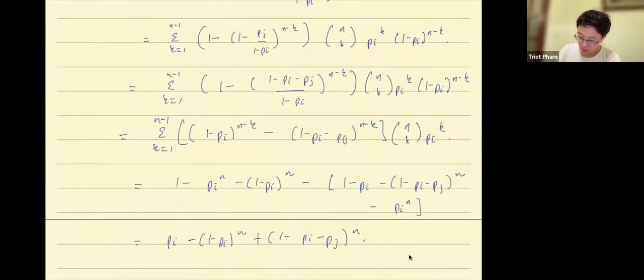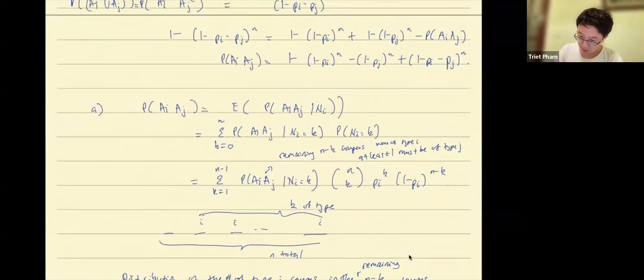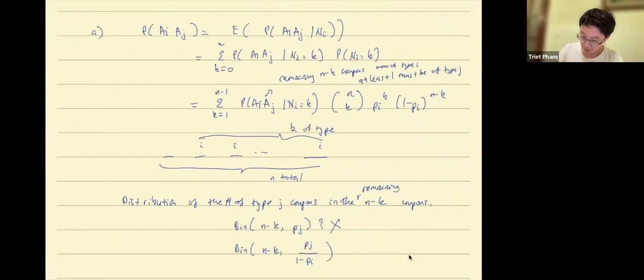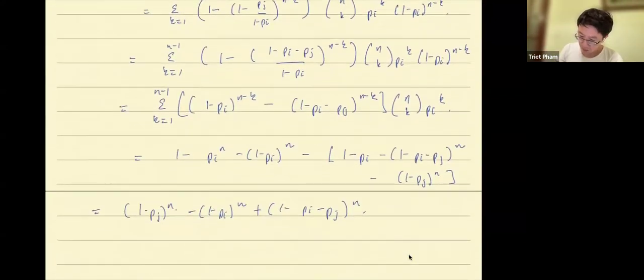So I'm missing something, sorry. The 0th case here is 1 minus Pj to the n, so in which case we do have 1 minus Pj to the n. Hold on.